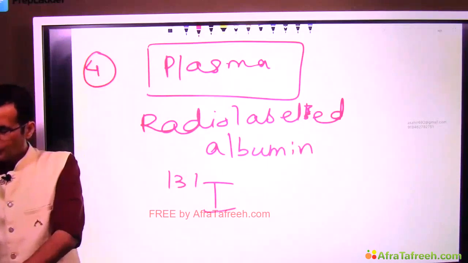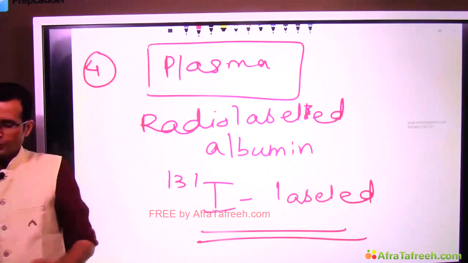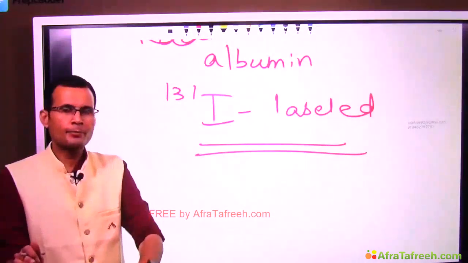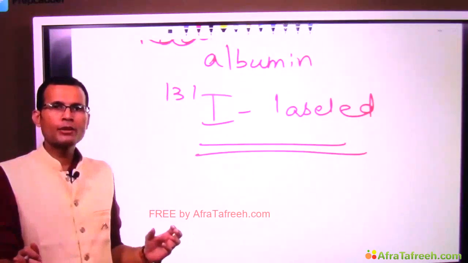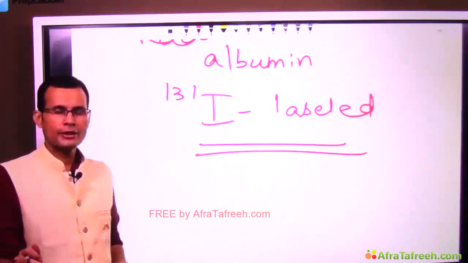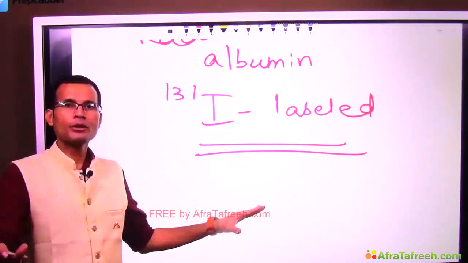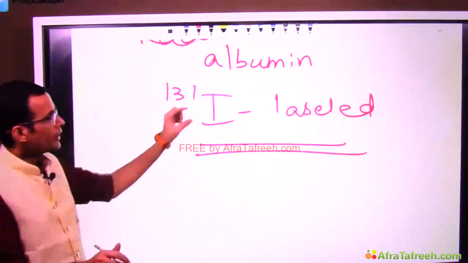An iodine isotope is used for this purpose. The basis remains the same: a known quantity of radio labeled albumin will be injected into the plasma. It will get dispersed into the plasma proteins, and then we will collect the sample and measure the dilution of that radio labeled albumin.